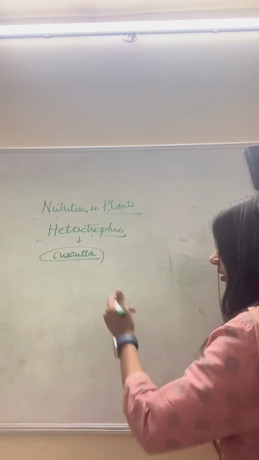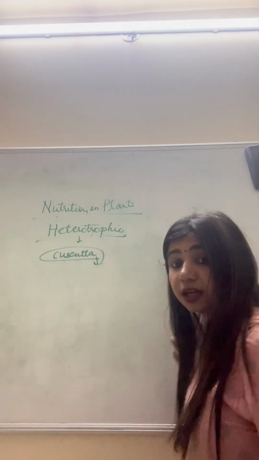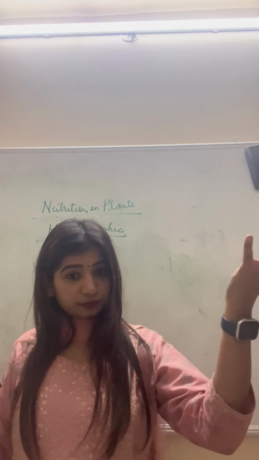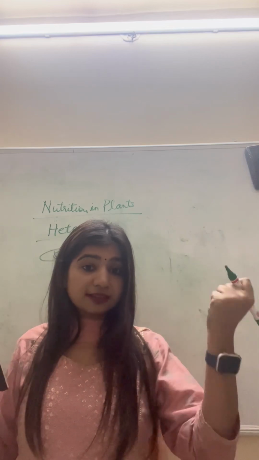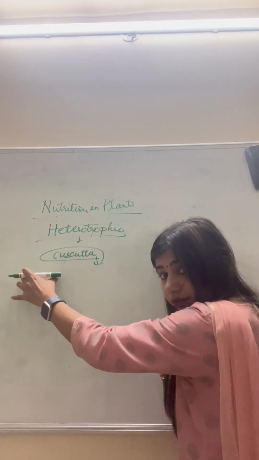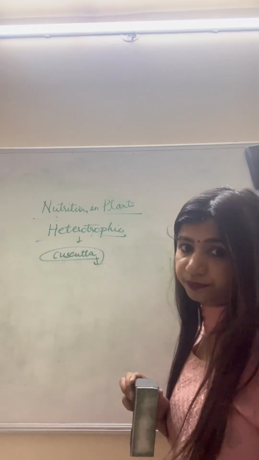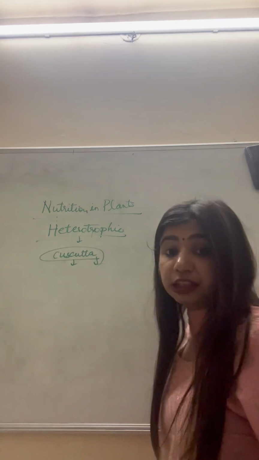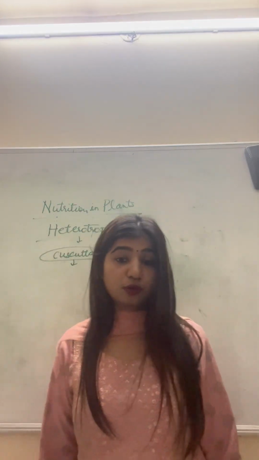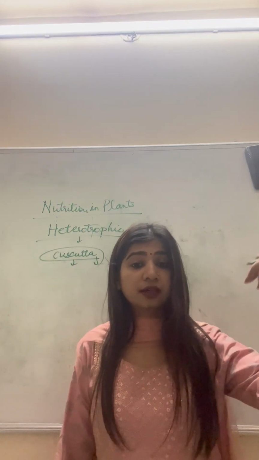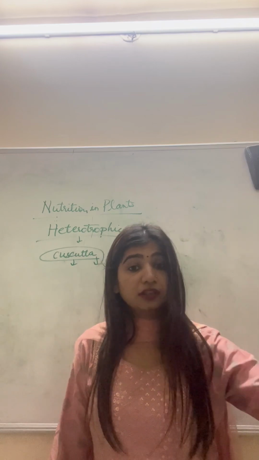This Cuscuta plant climbs on another plant to get its food. So Cuscuta is a heterotroph because it is not able to manufacture its food.